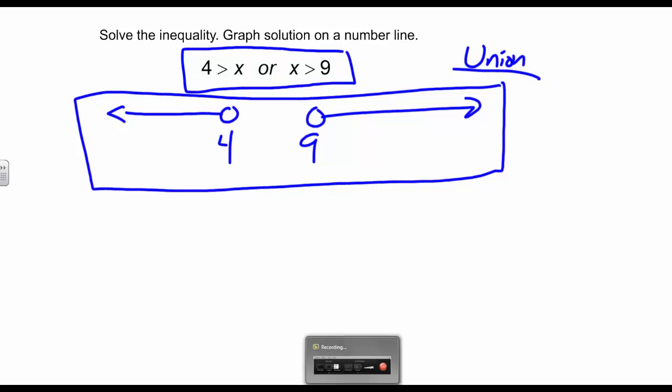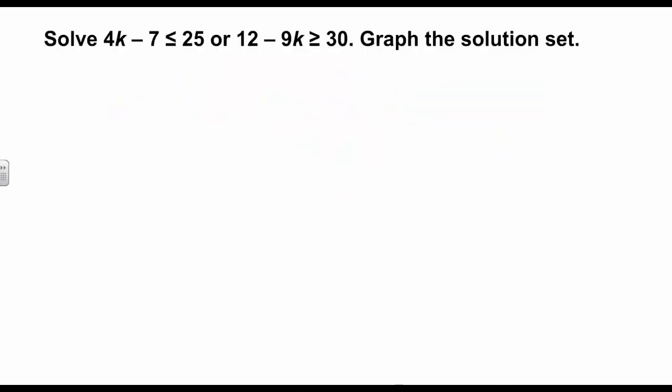Let's do another one that's a little more complicated. I have two inequalities that aren't solved yet. I'm going to add 7 to both sides in the first one, giving me 4x is less than or equal to a total of 32. Divide by 4 on both sides. I get x is less than or equal to 8.